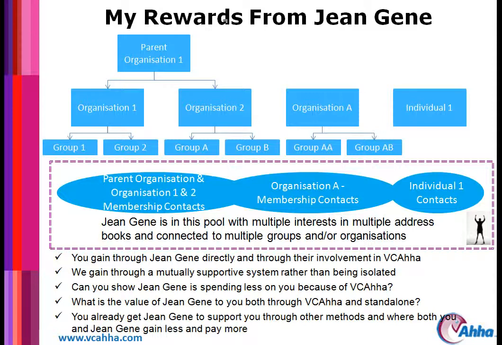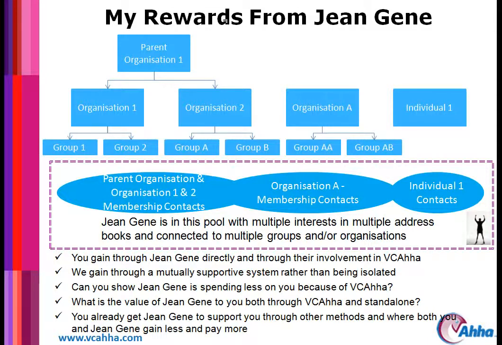This is what happens. Now, for the person that was quite strong about this point, about them bringing Gene and all of their contacts to the table and everything, what they were getting from it, in the robust exchange of views and conversation before lunch, some of the points made were, okay, you brought Gene to the table. Show me that she's spending less on you because of the platform, Value Communities, and the service.